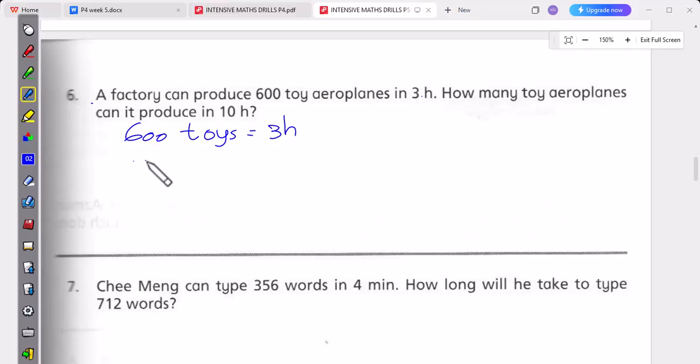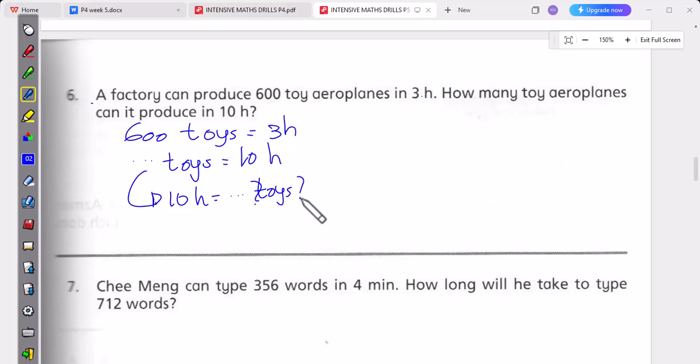You can say blank toys equal to 10 hour. Or another way to write this one is just like 10 hours equal to blank toys. So we have to know what is the information we can get from the question and change it directly into the model of math. And we have to understand what the question is about and change it into the math model as well.